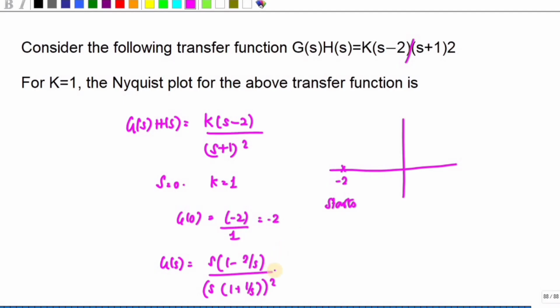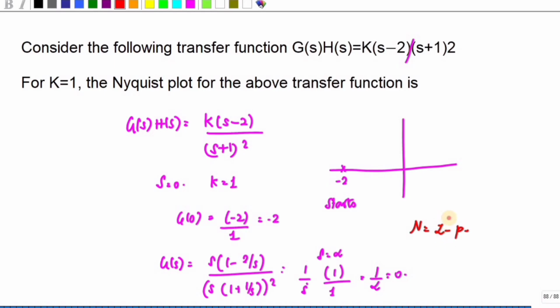Here 1 divided by infinity is 0, right? So it is going to end at 0. So it starts from −2 and it will end at 0.